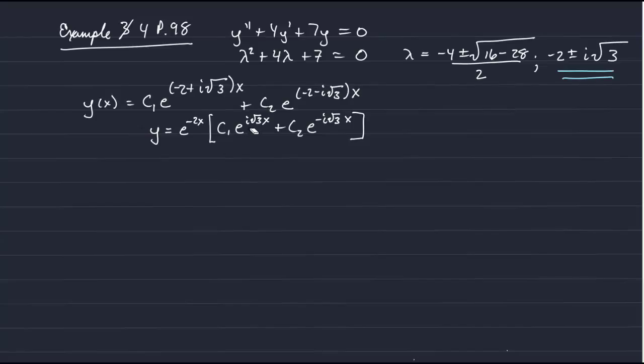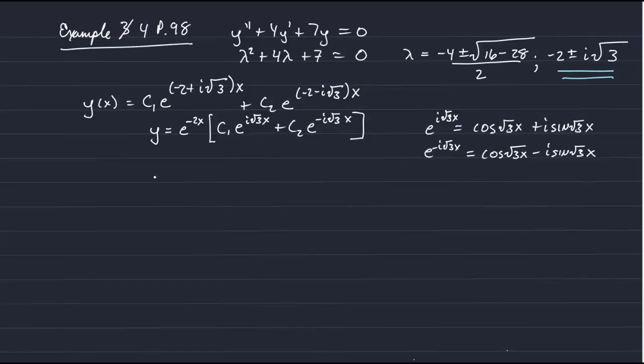And the imaginary number in the exponent leads to a periodic behavior, right? From Euler's formula, we know that e to the i square root of 3x is equal to cosine square root of 3x plus i sine square root of 3x, and e to the minus i square root of 3x is equal to cosine square root of 3x minus i sine square root of 3x.